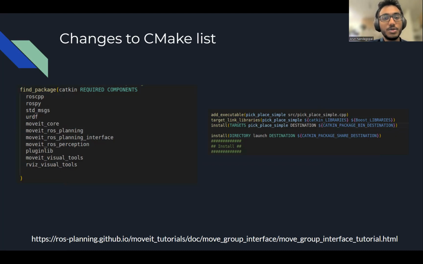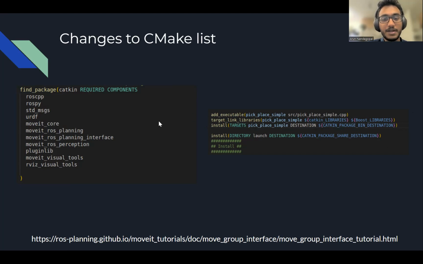Now what we need to do is change the CMake list. This has to be done in order to include the packages which we use in the C++ file. And also we need to add the executable. This needs to be done in order for our C++ code to work.